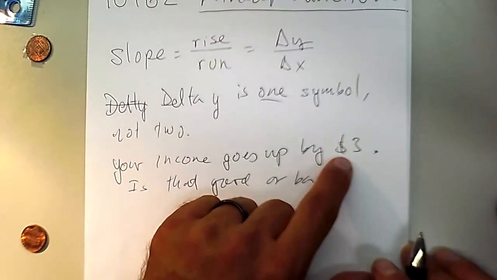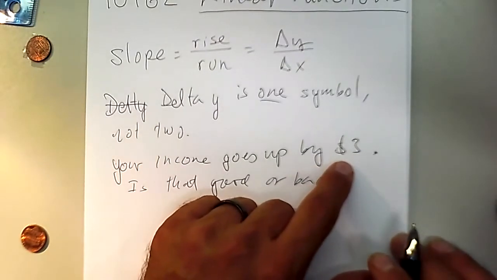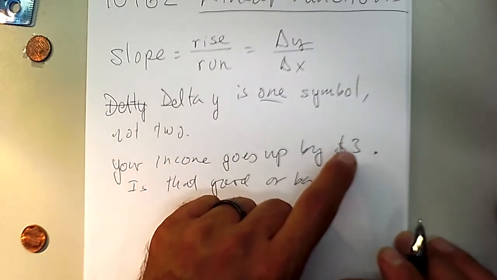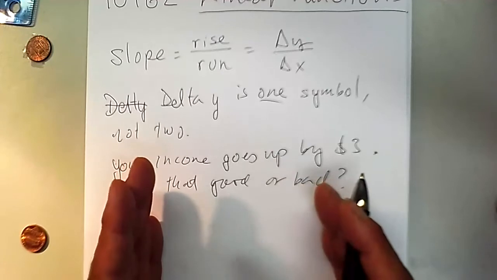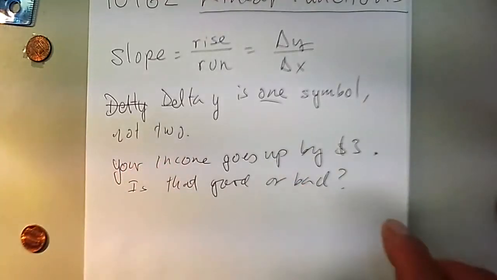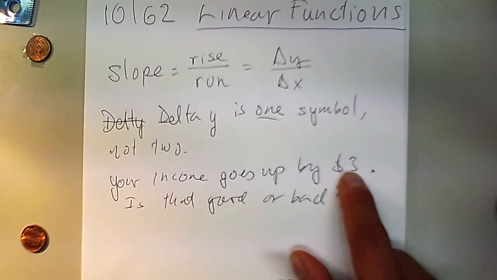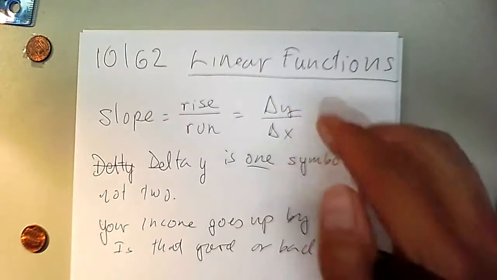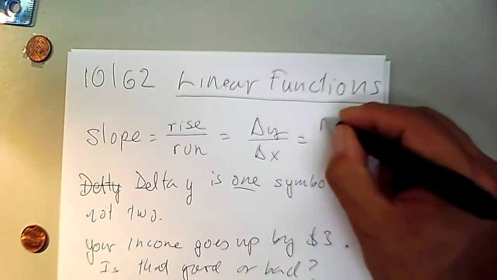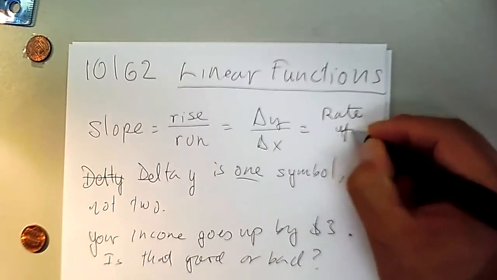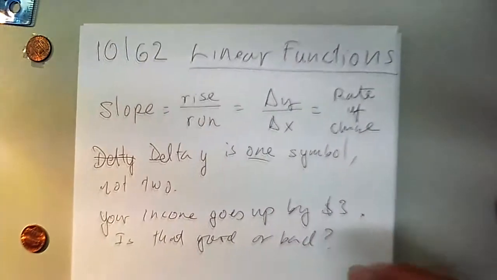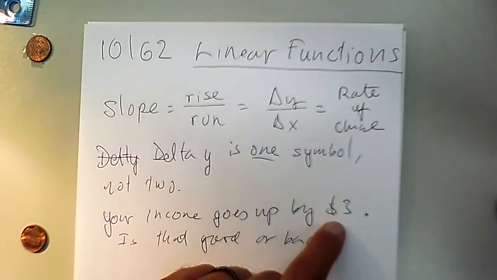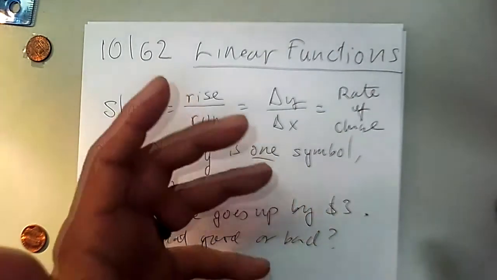So saying that something goes up or down by any amount is meaningless unless we have a time period of reference. That's why we need a quotient, which they also call the rate of change. If somebody tells you your income is going to go up by $3, over what period of time?